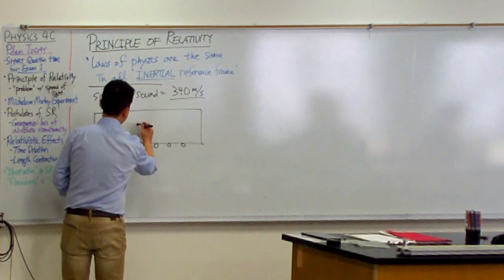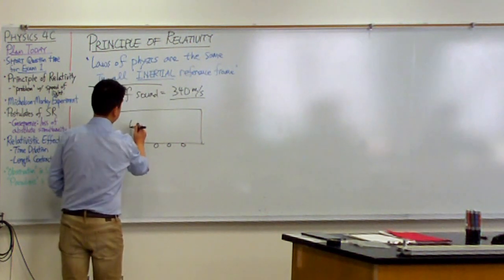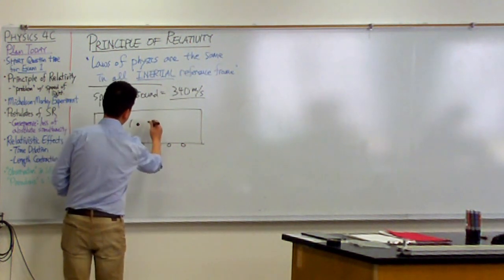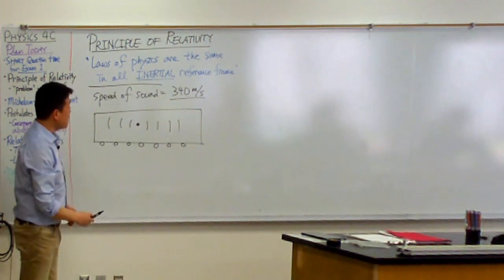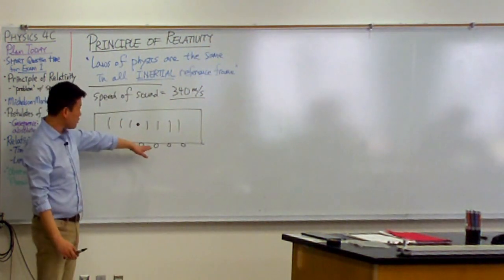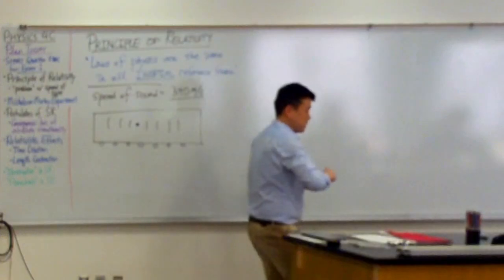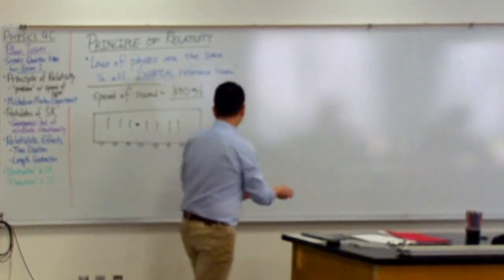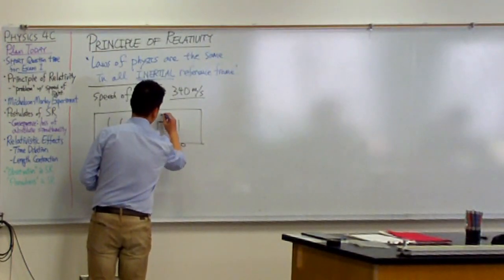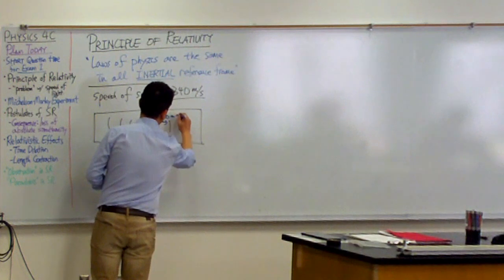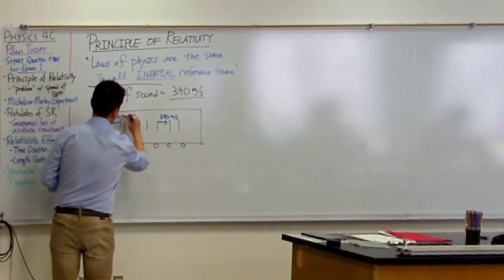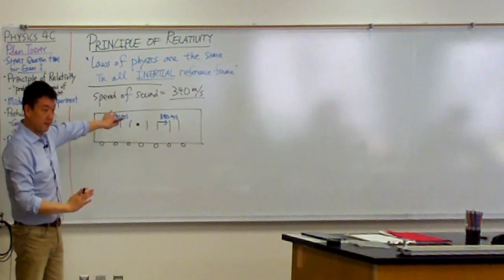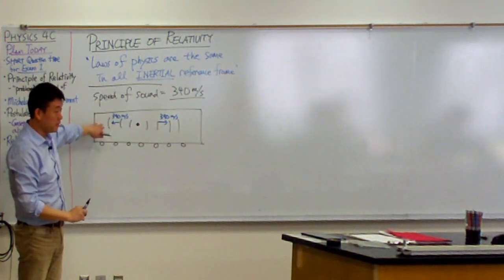So let's say this is a source of sound, and the sound waves are going in either direction. If the train is stationary, then each of these wave fronts, as you look at it, is moving at 340 meters per second, like that, right?